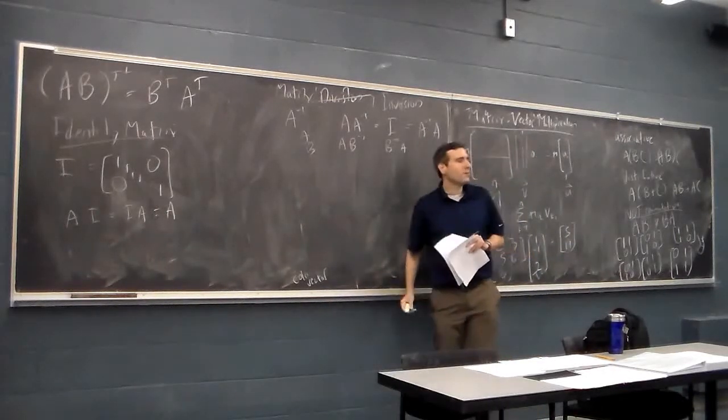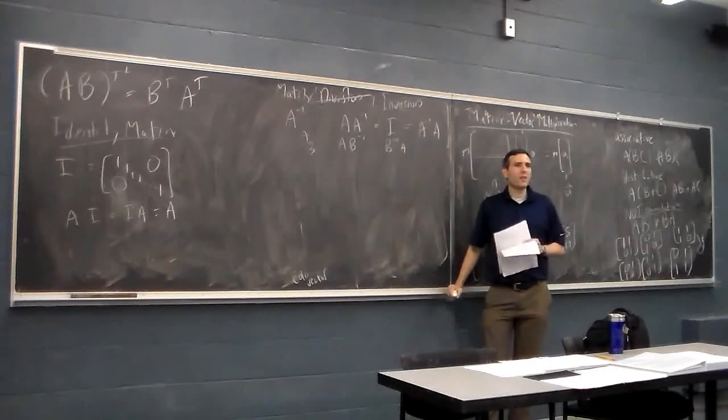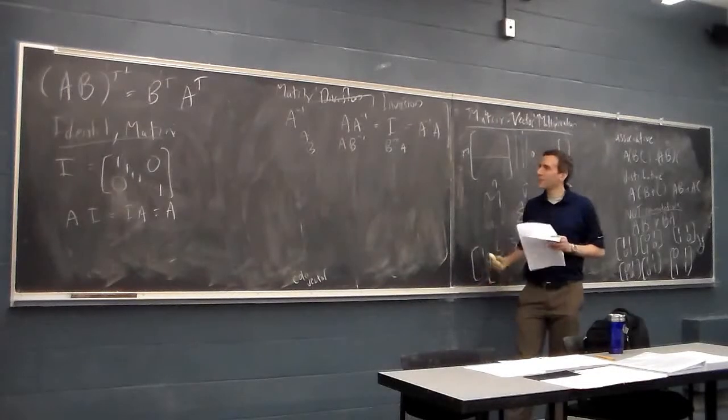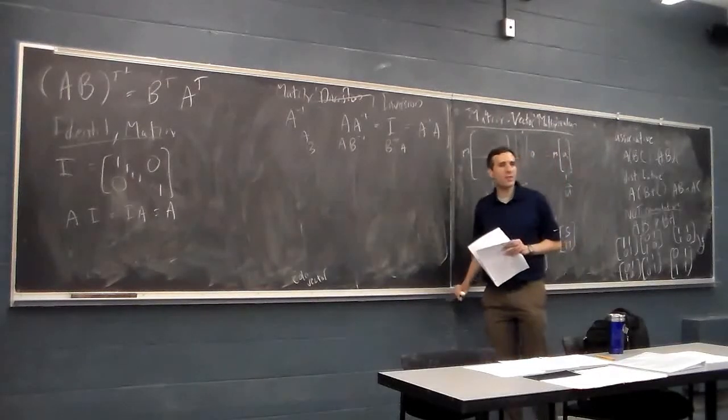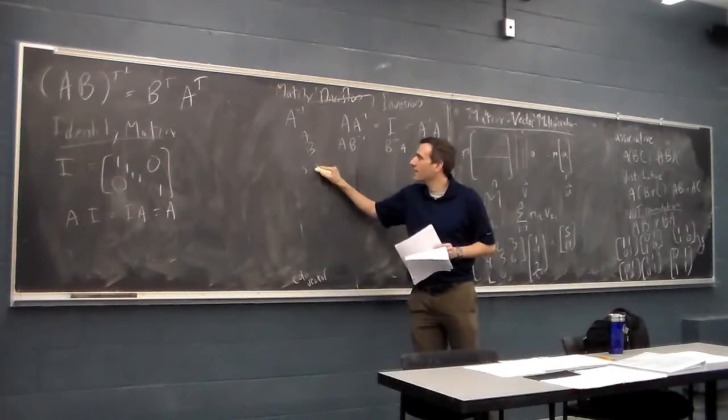But there are a few complications we need to know about with matrix inversion. One of the simple ones is that not every matrix is invertible. So in the scalar case, there's just one number that isn't invertible. Does anyone know what that is? 0. Yeah, you can't invert 0. So in matrices, there's an infinite class of matrices that are not invertible, and we refer to these as singular matrices.